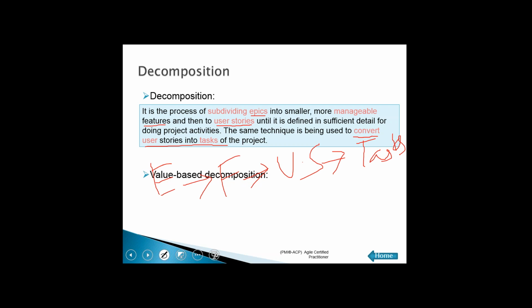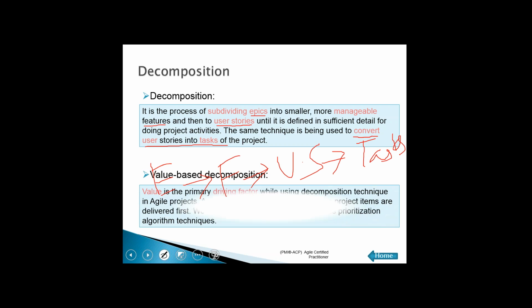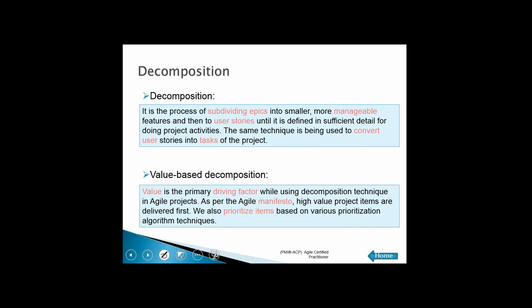There is also something called value-based decomposition. Value is the primary driving factor while using decomposition technique in agile projects. Unlike your traditional projects, you do not directly and blindly decompose your products. There has to be some logic behind decomposing your requirements. As per the Agile Manifesto, high value project items are delivered first.